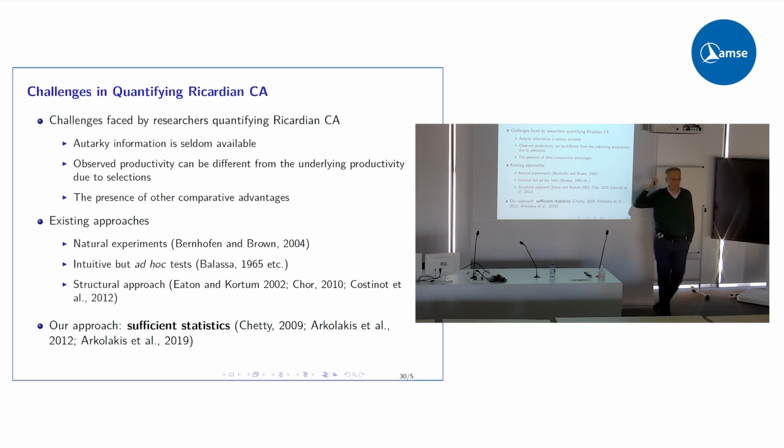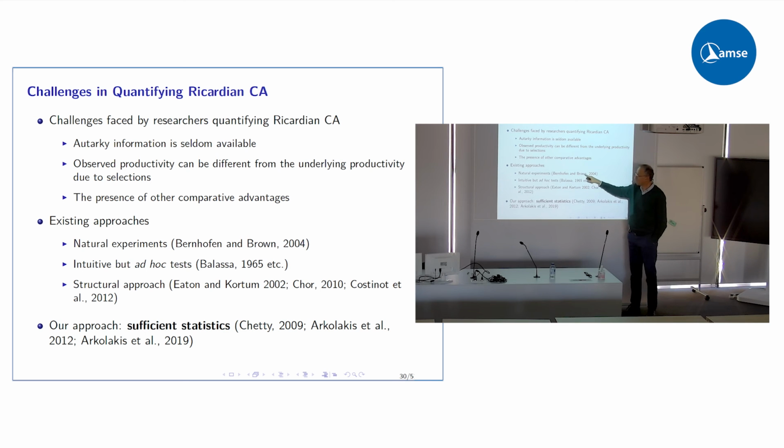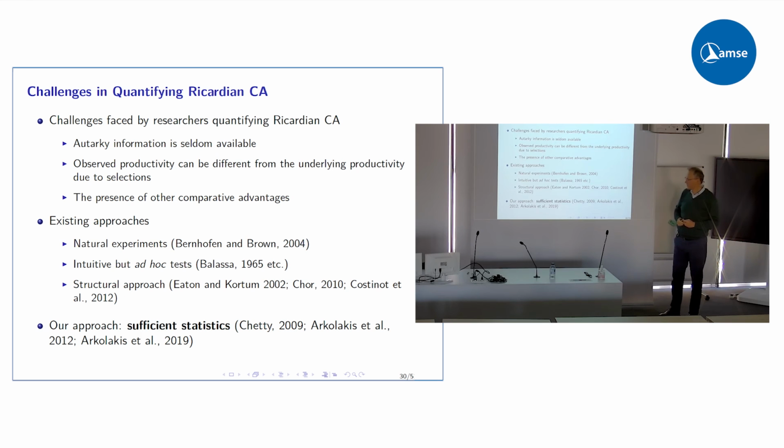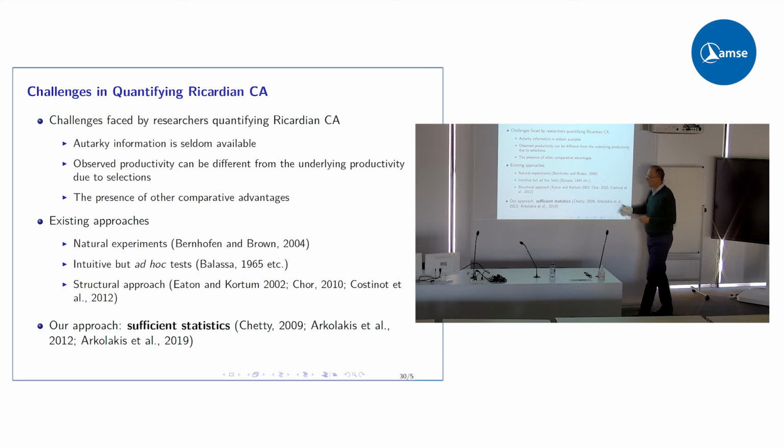The paper I quoted at the beginning by Bernhofen and Brown is very interesting because they look at Japan. In a historical episode of trade liberalization, Japan went essentially from autarky to free trade, forced to open up by colonial powers. And in that case, they can actually do this natural experiment of autarky and free trade.